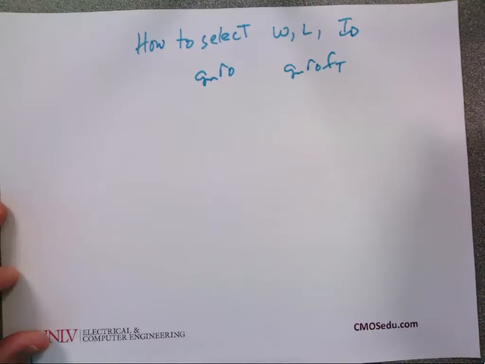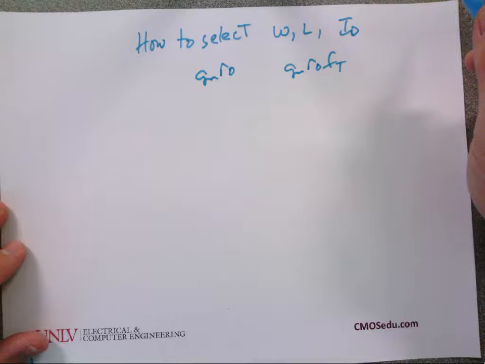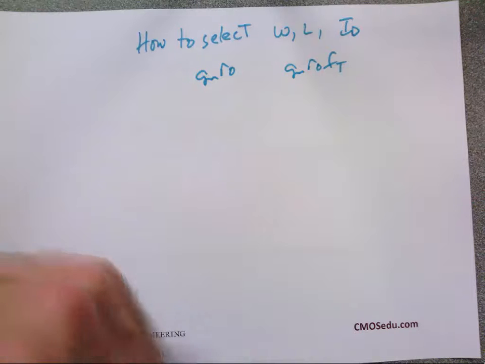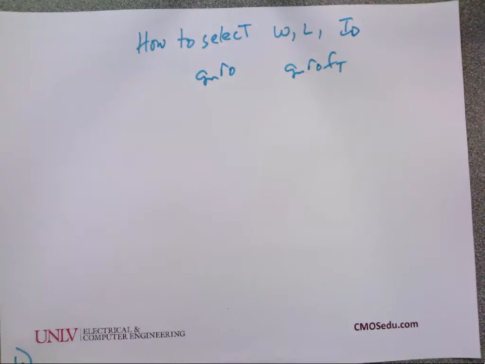I want you to know what influences FT? Short question. What influences FT? Oh, I need to go look in the book. You're burning time. Yeah, length and overdrive, right? Or here's one for you. In your own words, why doesn't width influence the FT of a transistor?